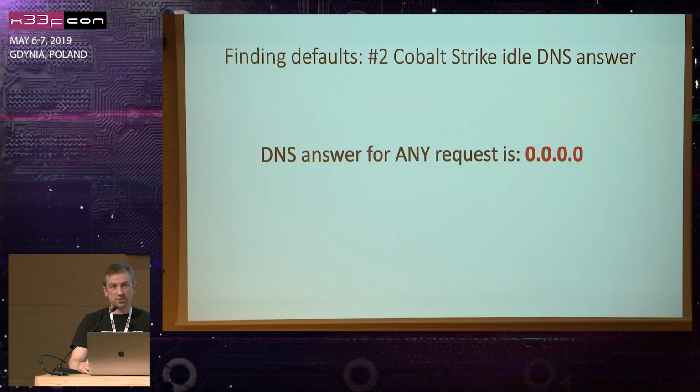In the case of Cobalt Strike, there is a characteristic default for the DNS listener: when there is a DNS request to this DNS listener, the answer is always like that. Of course, it can be changed in the configuration, but it's the default.